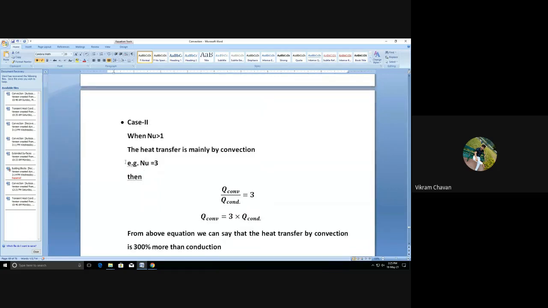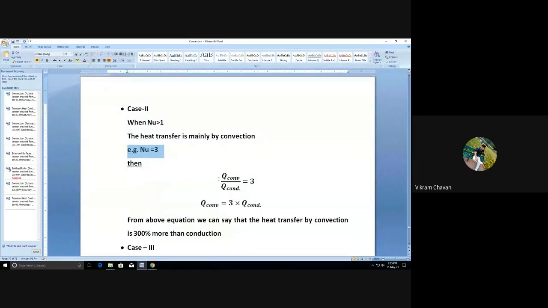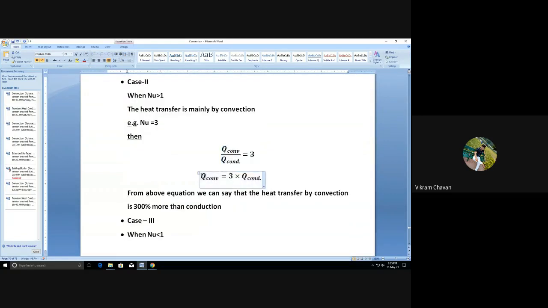So take the example, if Nusselt number is equal to 3, then Q convection divided by Q conduction is equal to 3 according to our formula. Then we will get Q convection is equal to 3 times Q conduction.